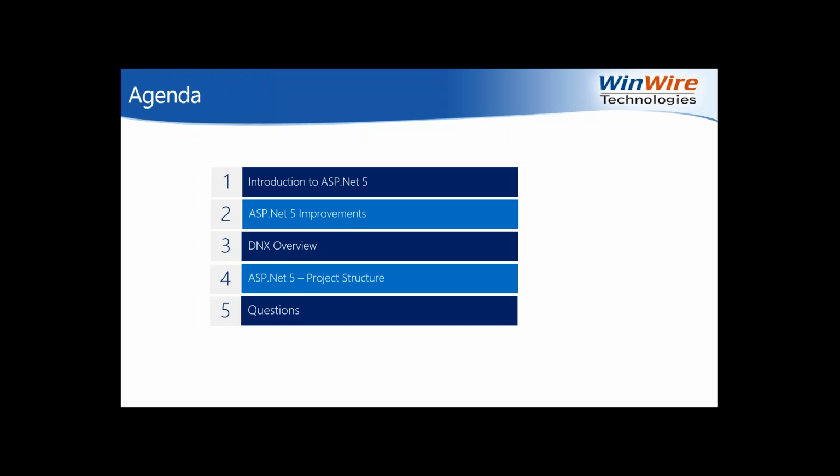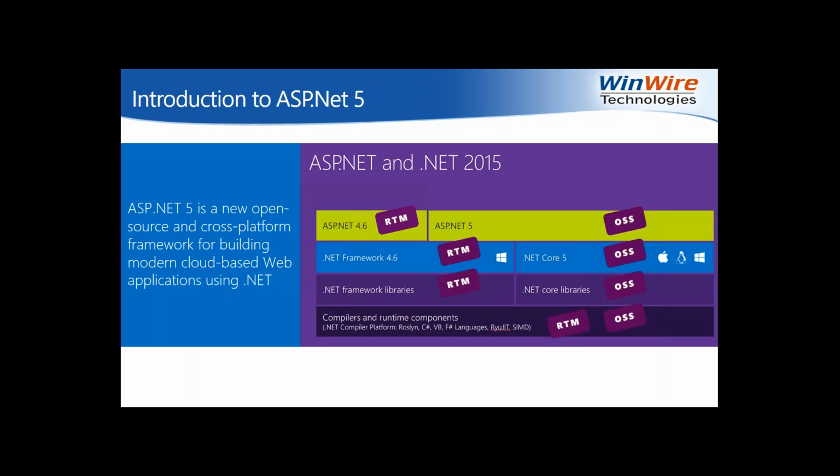Then I'm going to talk about the project structure of a typical ASP.NET 5 application. At the end, we'll have a question and answer session where you can ask any questions about ASP.NET 5, and I'll be happy to answer any of those. So with that, let's begin the session.